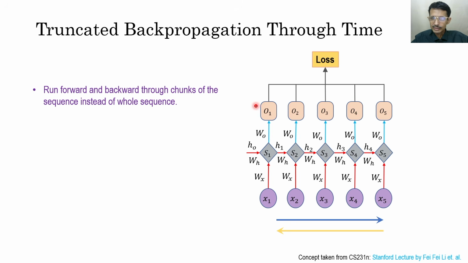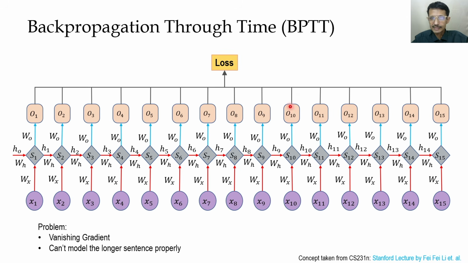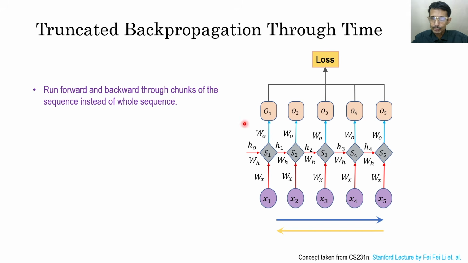Definitely when we train on this particular chunk, the vanishing gradient problem will be less than for the whole sequence, because it's now only 5 steps rather than 15. So if we train separately, we can somewhat minimize the vanishing gradient.